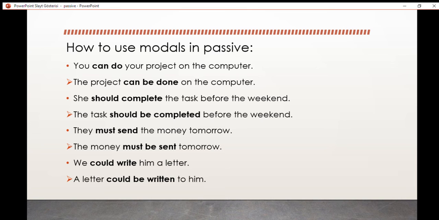So, let's see. You can do your project on the computer. Your project is the object, so I put it in the beginning. The project, your project, that's okay. Can, what did we say for the formula? We said modal, be, and verb 3. Modal, can, be, and verb 3, done. The project can be done on the computer.